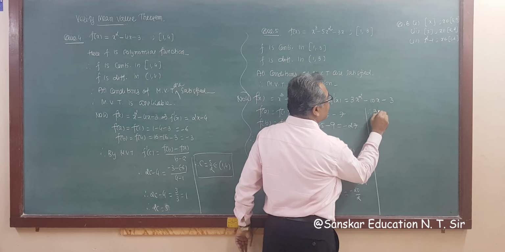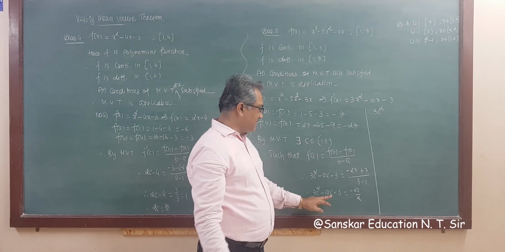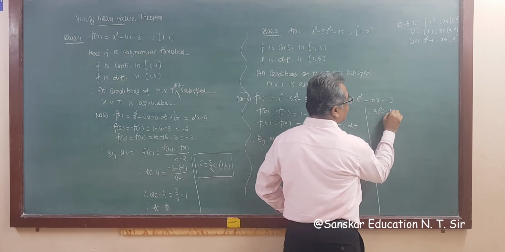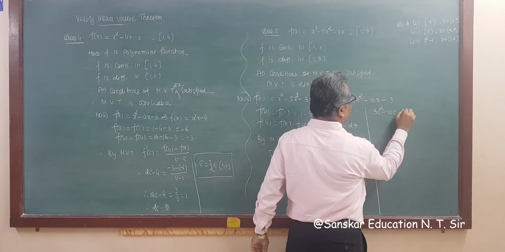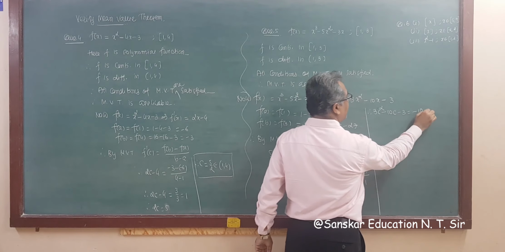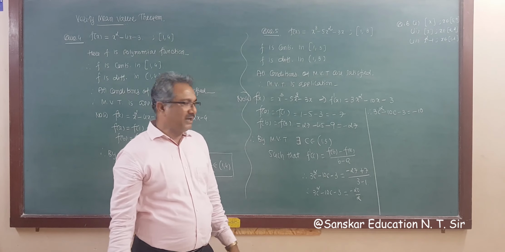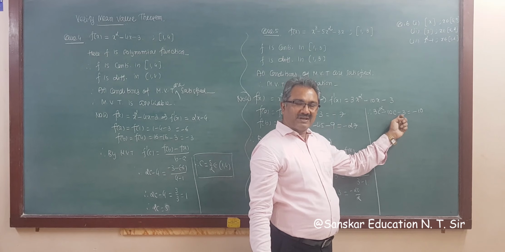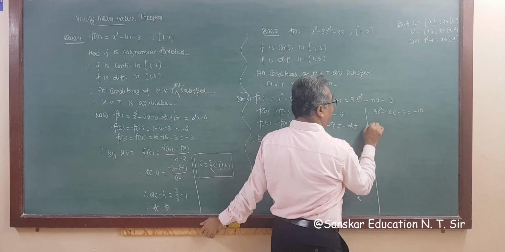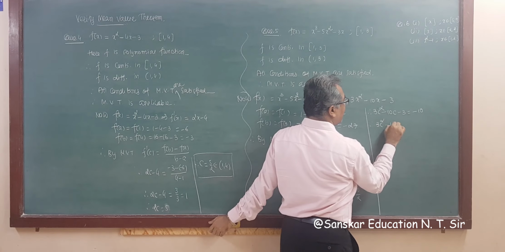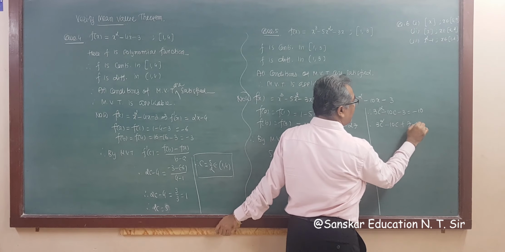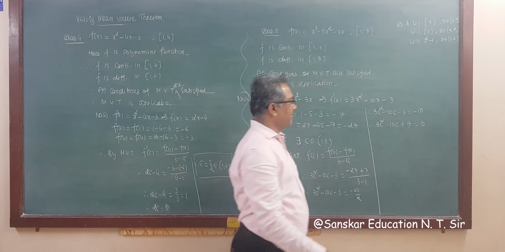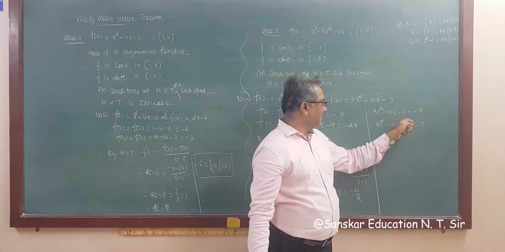Therefore 3c square minus 10c minus 3 is equal to minus 10. Taking 10 to the left hand side, it will come plus 10, that is 10 minus 3 is 7. So 3c square minus 10c plus 7 is equal to 0, right?